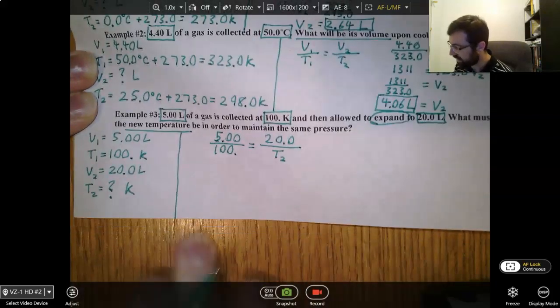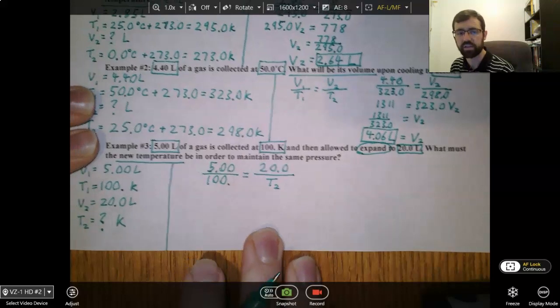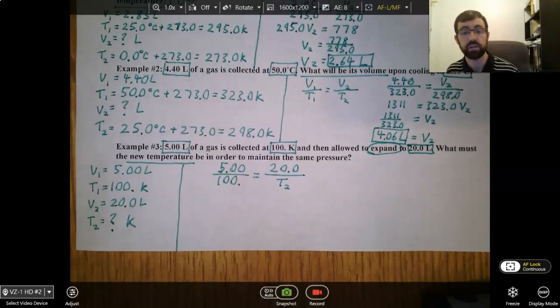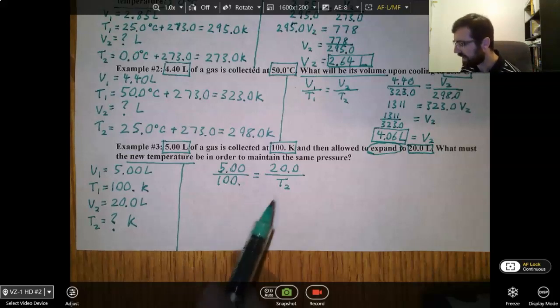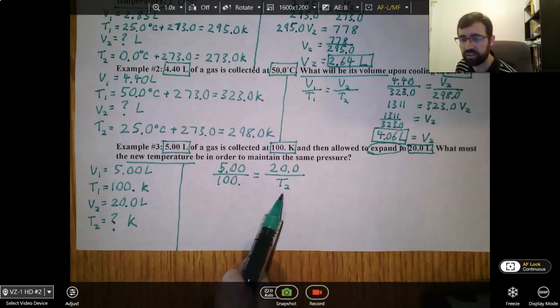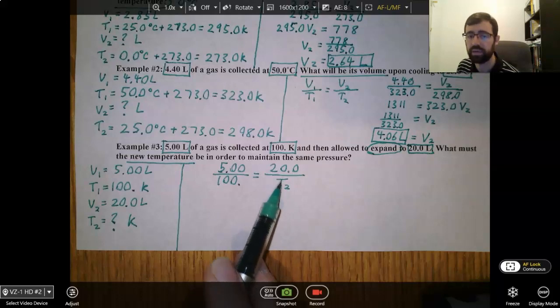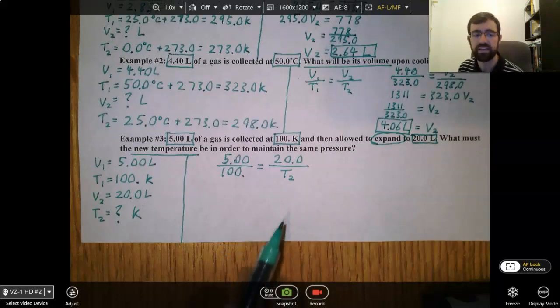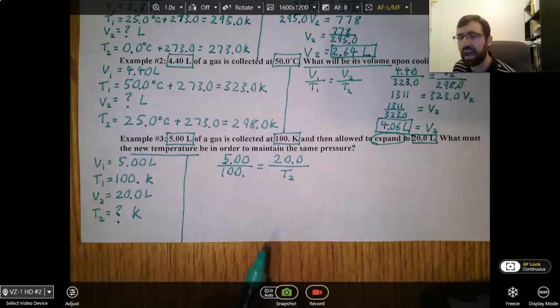Now, this is one of those cases where the reason for it to be cross multiplication really makes sense, because I can't just directly solve for T2 by doing the reciprocal of what's happening here. I need to get T2 as part of the numerator. It can't just be in the denominator.